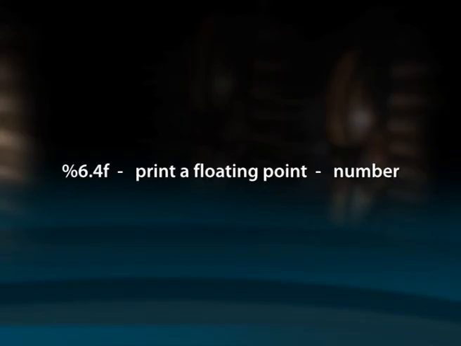There are many possible options for these flags and specifiers. For example, the directive %6.4f specifies to print a floating point, that is a decimal number with a minimum width of 6 characters overall and at most 4 positions for the decimal part.